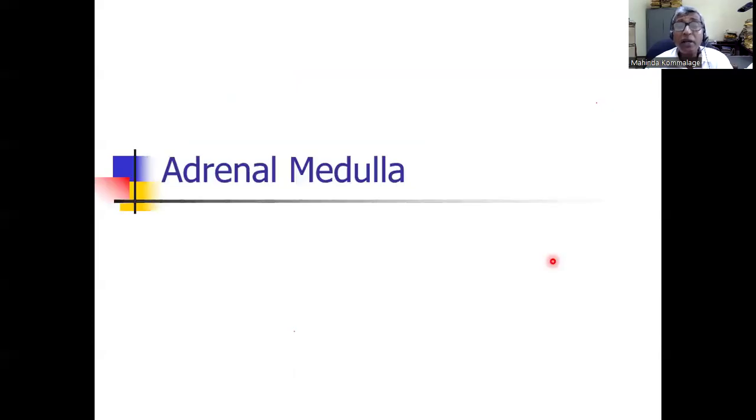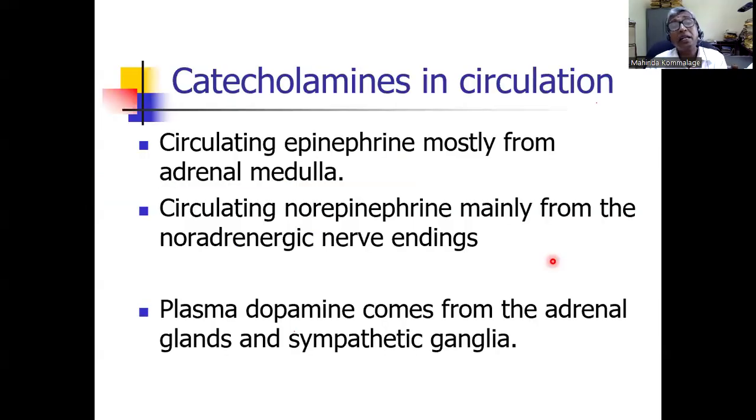Right. So adrenal medulla. Up to now I discussed the adrenal cortex. The adrenal medulla will produce catecholamines, circulating catecholamines. That means adrenaline and noradrenaline, or in the Western texts, epinephrine and norepinephrine. Mainly circulating adrenaline comes from the adrenal medulla.